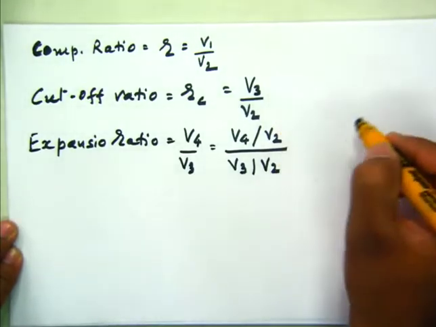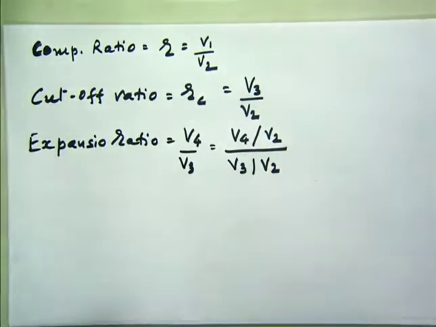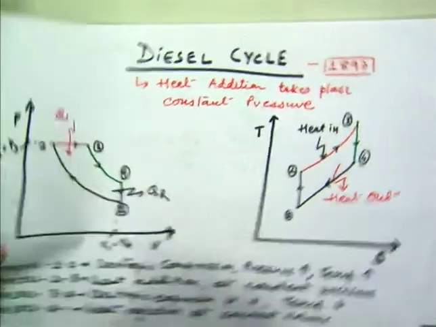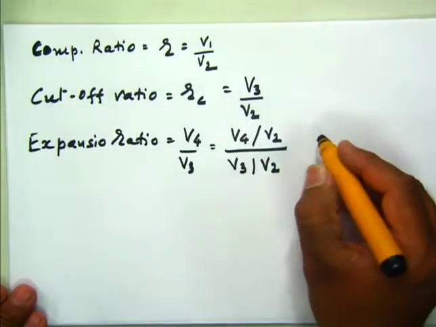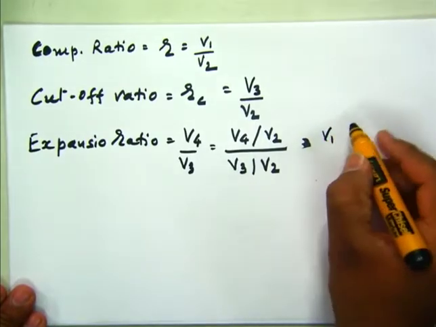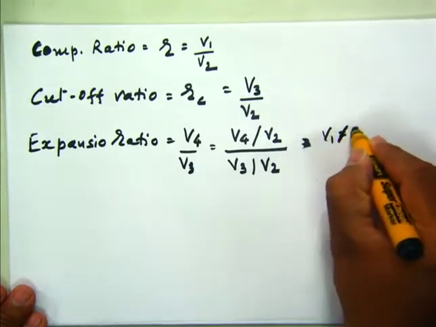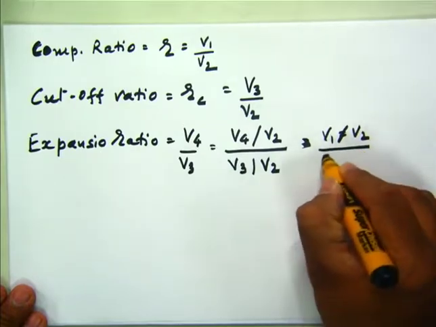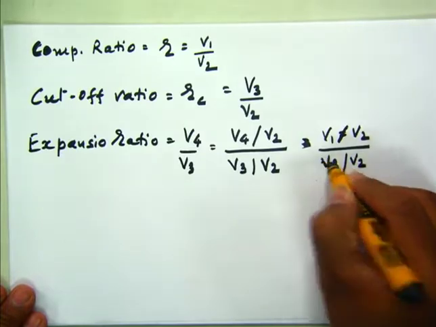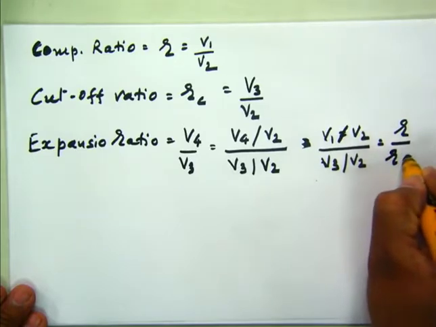Now here in our cycle, V4 is equal to V1. So you can take V1 upon V2 upon V3 by V2, which is equal to R upon RC.